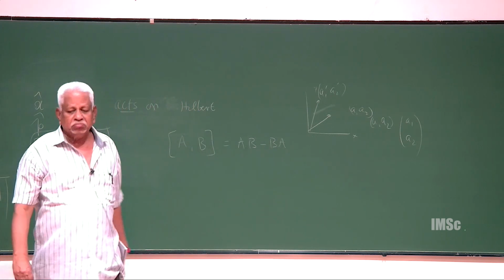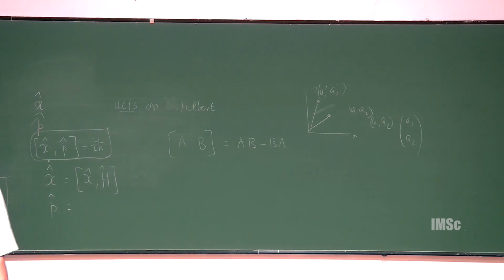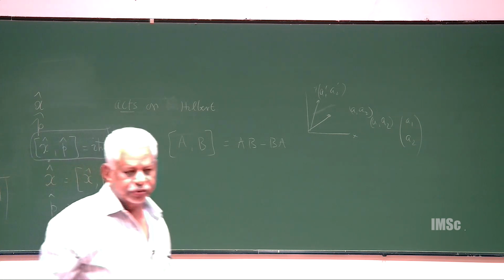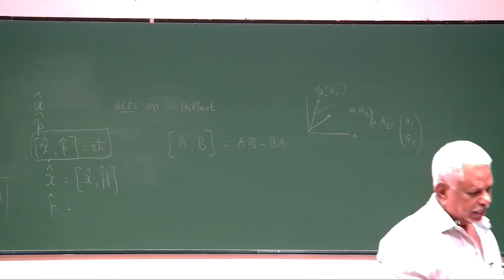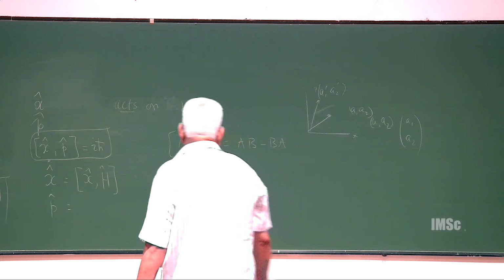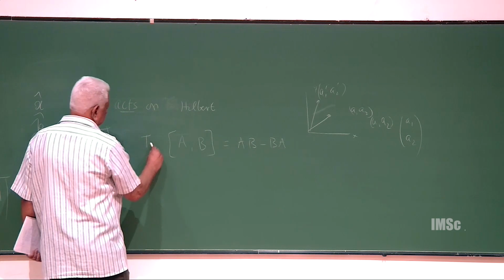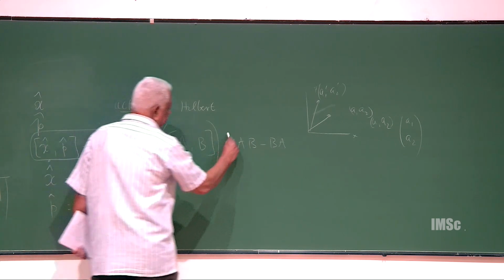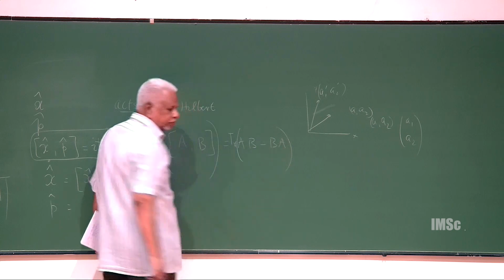Let us take any finite dimensional matrices A and B. Okay? Now, if I find the trace of the commutator AB, you know what is the trace of a matrix? You simply add all the diagonal terms. If you add all the diagonal terms, you will get the trace of that matrix. So I find the trace of this object.